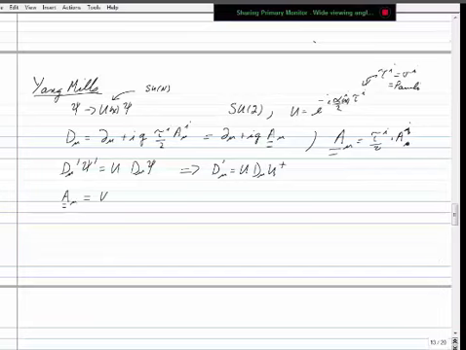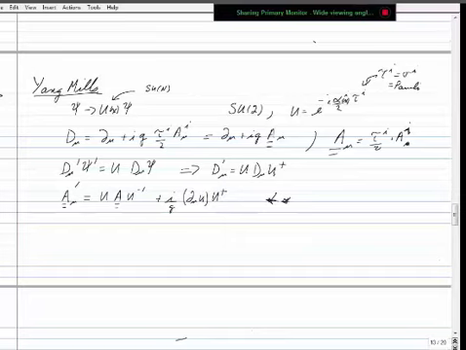The covariant derivative was d_mu plus i, some coupling constant, tau^i A^i_mu over 2 in my normalization, which was d_mu plus i g A_mu. I wrote this as a matrix when I used double bars underneath it.